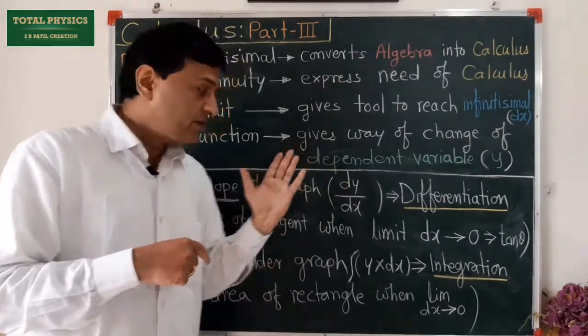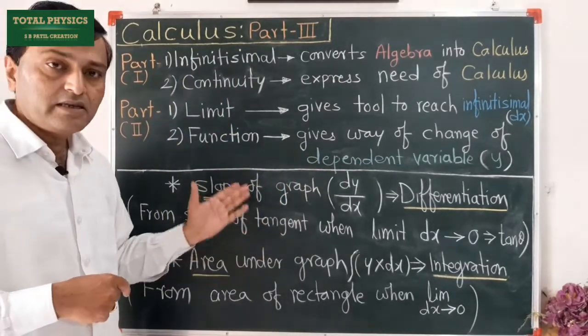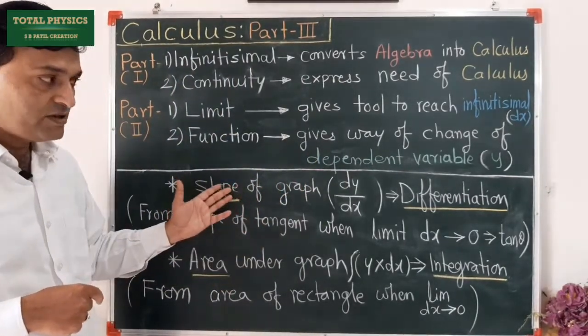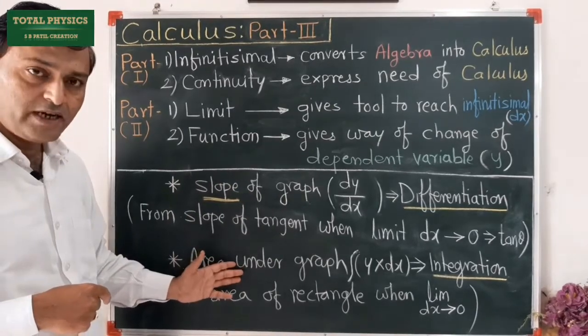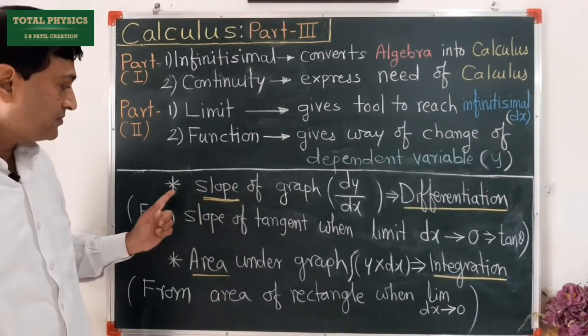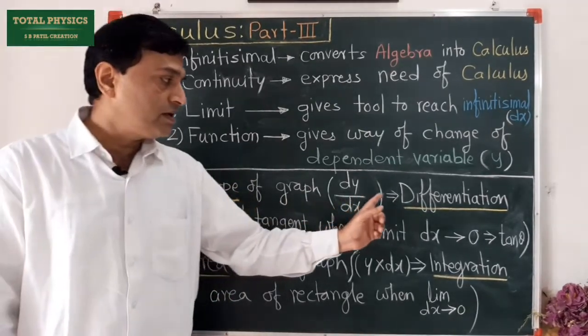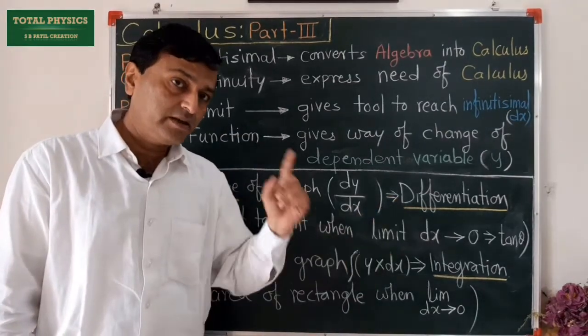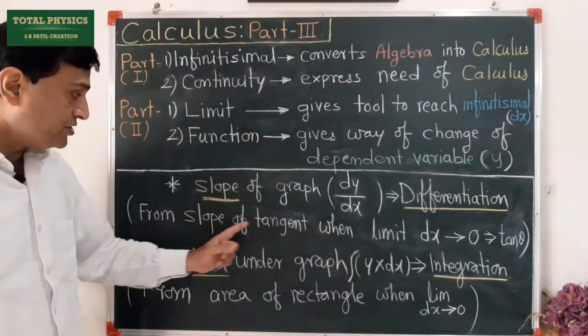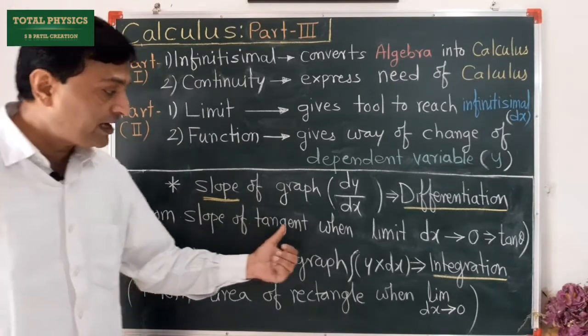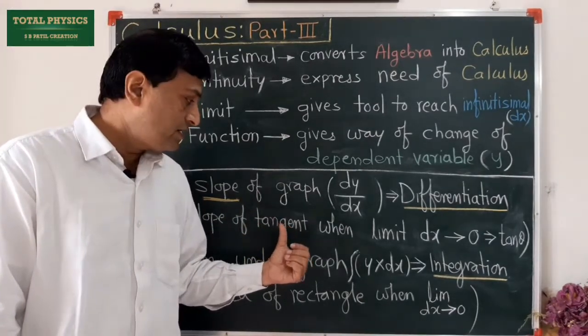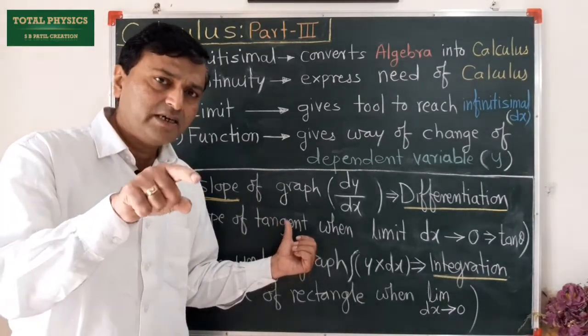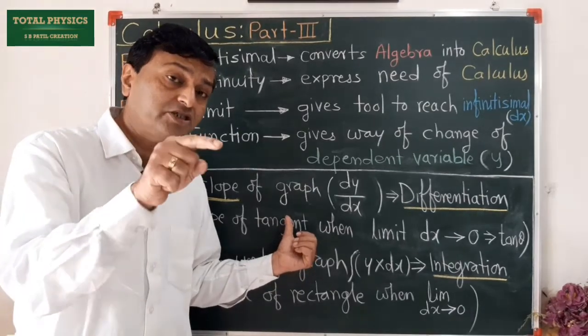This is the conclusion for differentiation, this is the conclusion of integration. What is the conclusion? See, slope of graph gives differentiation. From the slope of tangent we get differentiation. Tangent is actually a Latin word, it means touch.